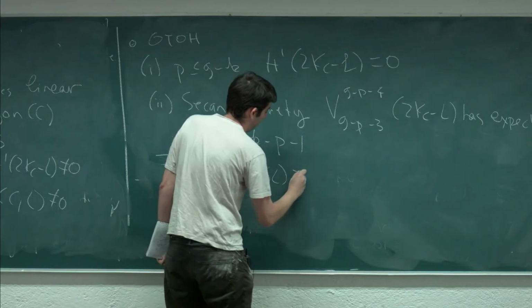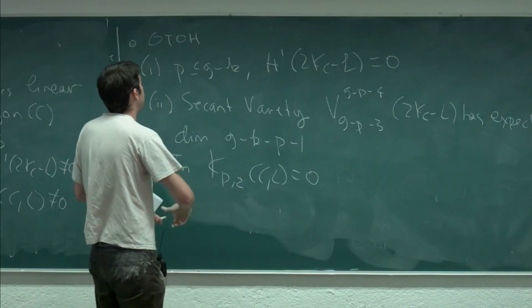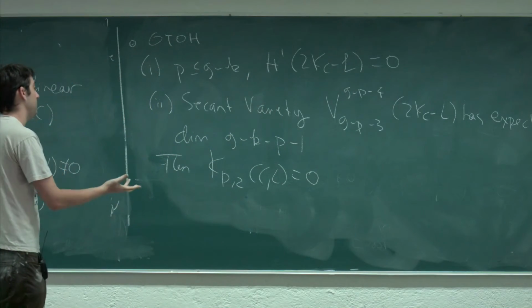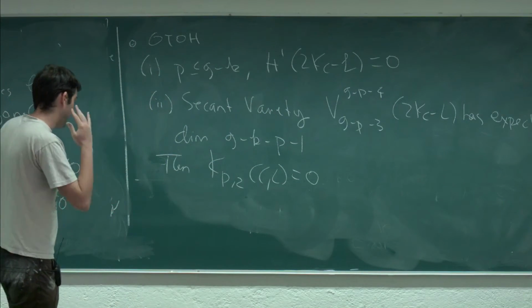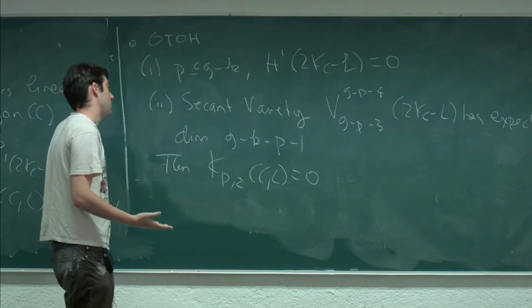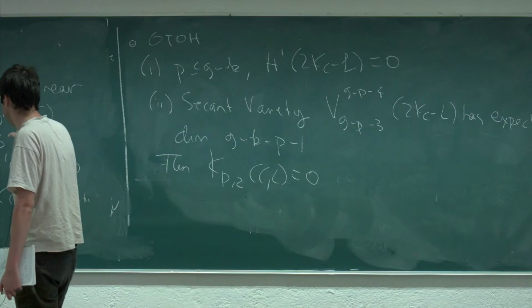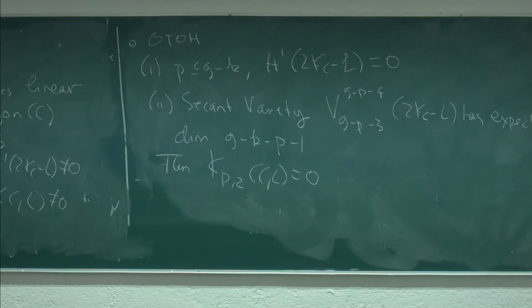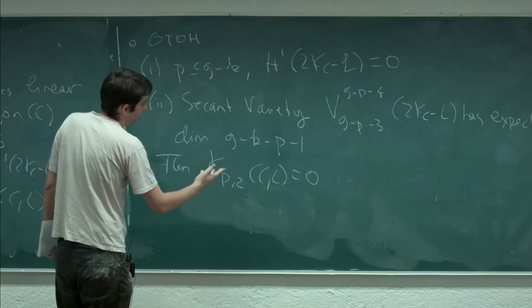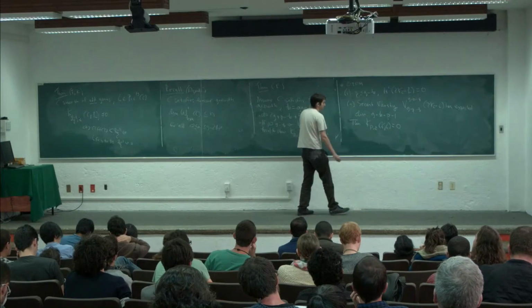Then if these two conditions hold, then in fact we have the vanishing K_{p,2}(C, L) equals 0. So this gives you effective conditions that, if satisfied for a line bundle L on a curve which can have arbitrary gonality, and in the case of extremal degree, then we have the vanishing predicted by the secant conjecture.